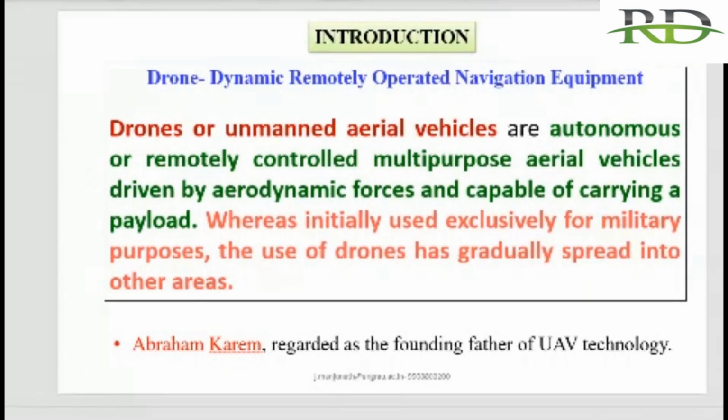A drone can carry payloads and be applied for multiple purposes, whereas earlier it was used exclusively for military purposes. Now drones are used in other areas, especially agriculture and allied sectors, and also in forestry, mapping, and more, which we are going to discuss. The father of UA technology was Abraham Karim, who first founded this technology.